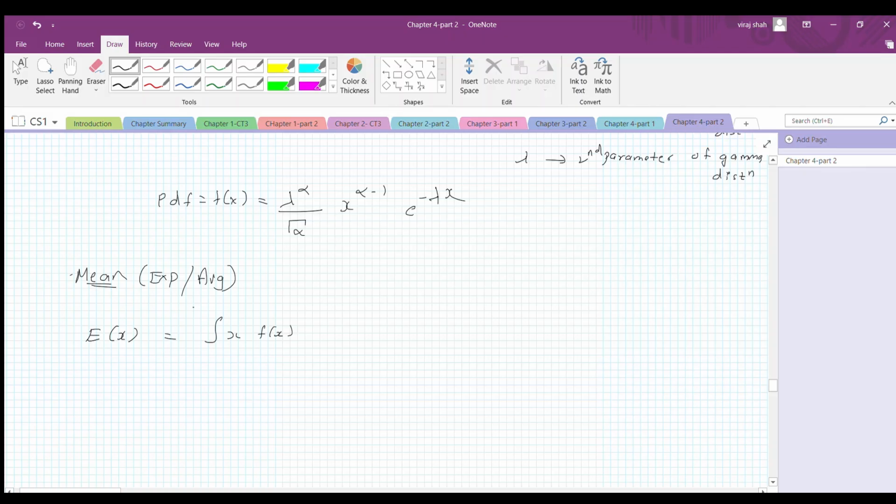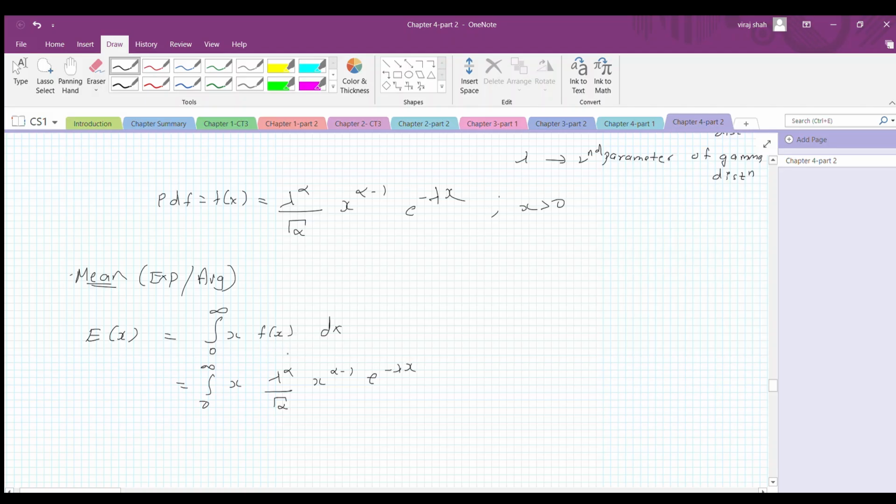Even here x is greater than 0 only, so we integrate from 0 to infinity with respect to x, dx. Let me write what f of x is: lambda raised to alpha upon gamma of alpha, x raised to alpha minus 1, e raised to minus lambda x.